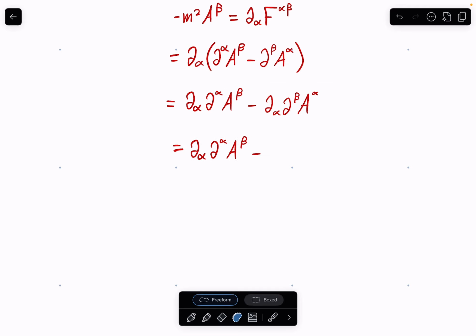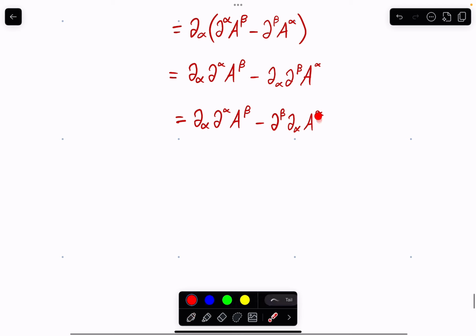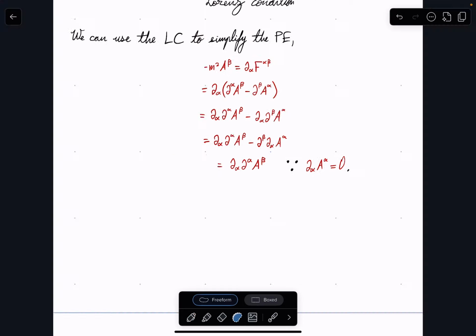This will be the same. And then you can rearrange these. So you can say partial beta, partial alpha, A alpha. And then this is the Lorenz condition, so this goes to 0. So we just get partial alpha, partial alpha, A beta, and this is because of the Lorenz condition, equals 0.